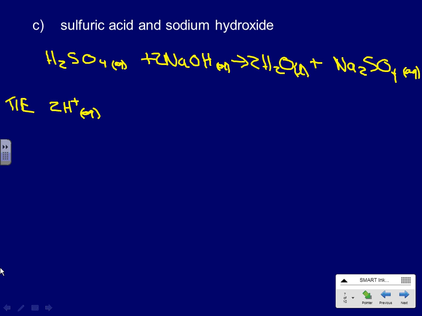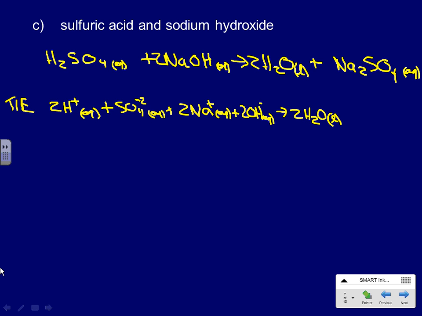We treat the H just like a K or an Na. The liquid stays together. It's just like a solid, but it's in the liquid state. It means that it doesn't fall apart.